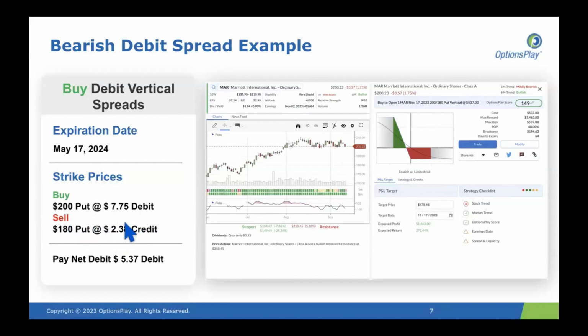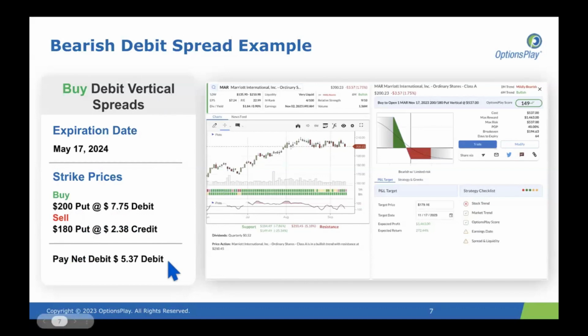So we are going vertically on the quote boards, and in the put world, the 200 strike, which is where the stock is currently at, trades for more than the 180. The strike price is above, and you want the market to go down. So you have the right to sell, to put stock to somebody at 200, and you have the obligation to buy it at 180. That's the way the long put spread or the put vertical spread is set up.